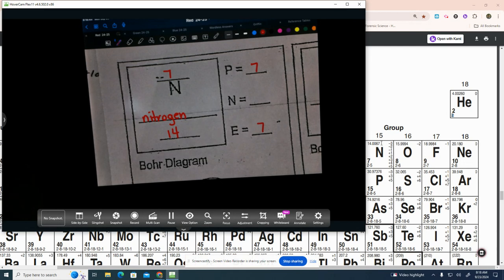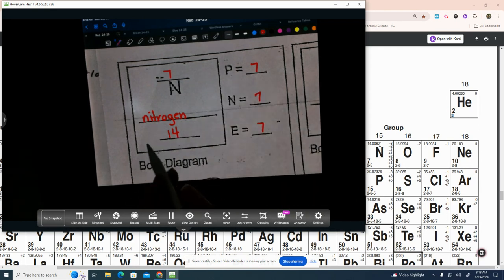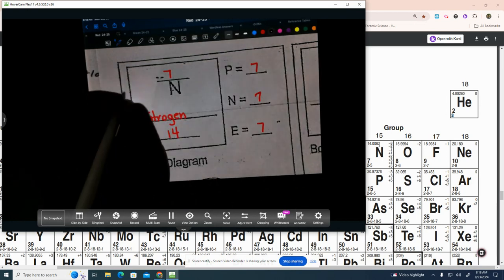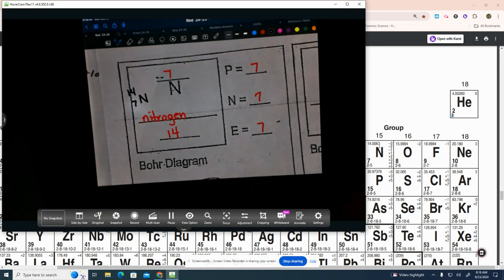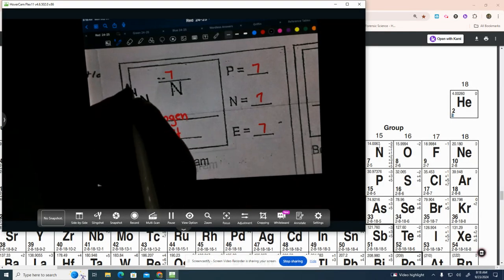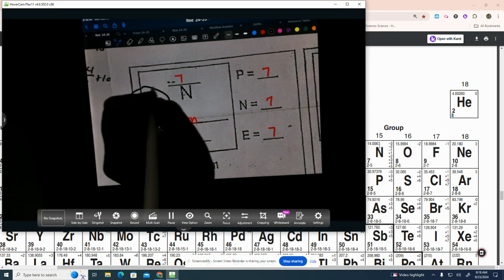Okay. How many neutrons does it have? Nope. 7. It has a mass number of 14. So if we wrote it in isotopic notation, it would look something like this. 14 over 7, right? That's what the isotopic notation would look like. Come on. You could do it.